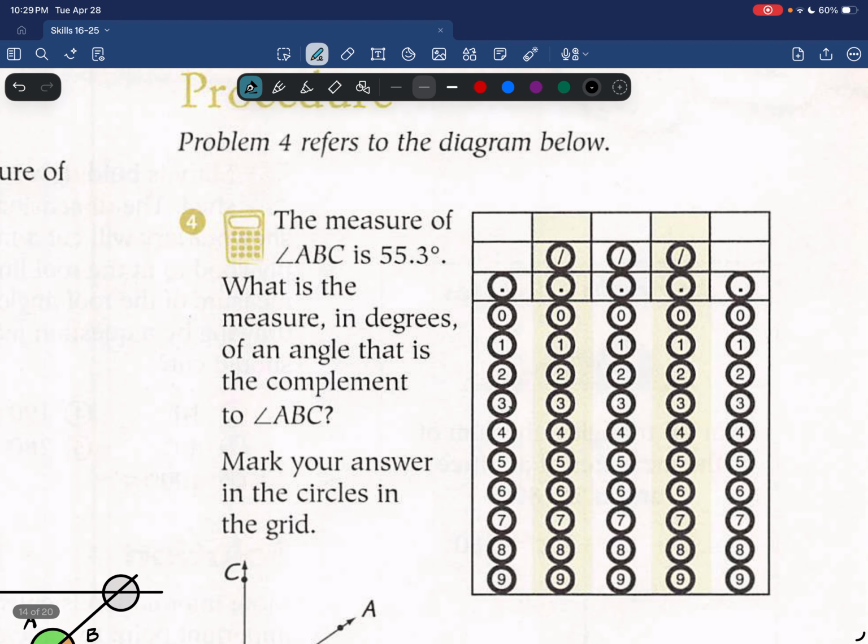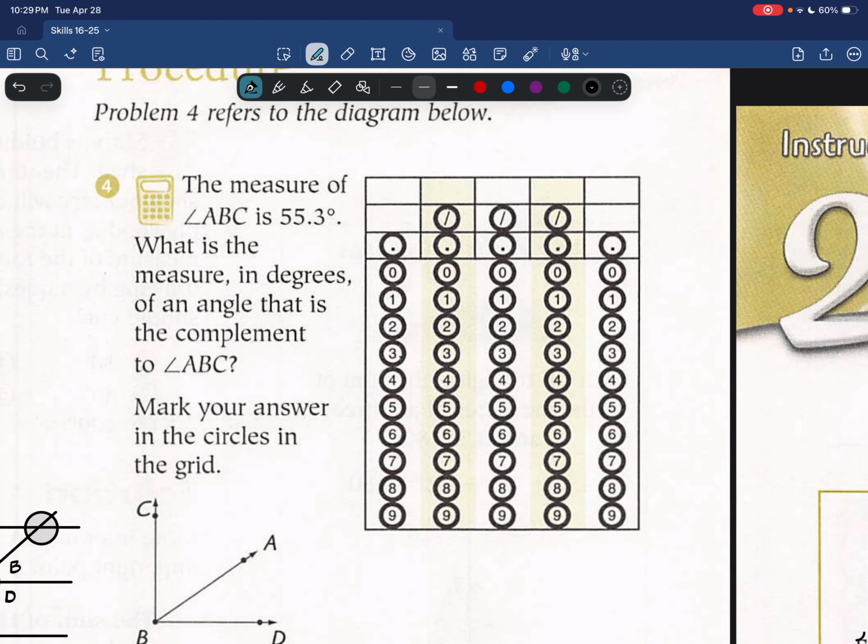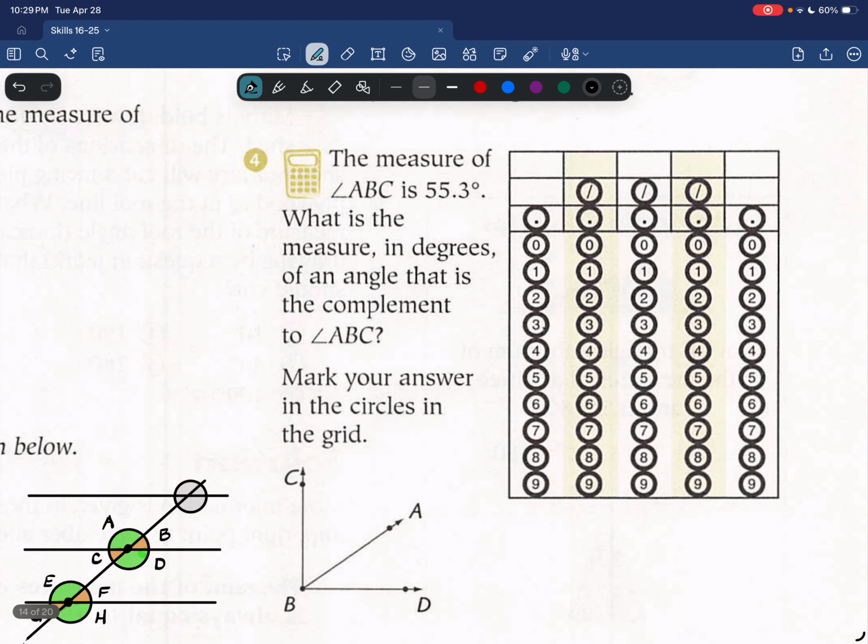All right, number 4. Problem 4 refers to the diagram below. If the measure of angle ABC, so that's this one, let me do it this way, ABC, it's right there, is 55.3 degrees.